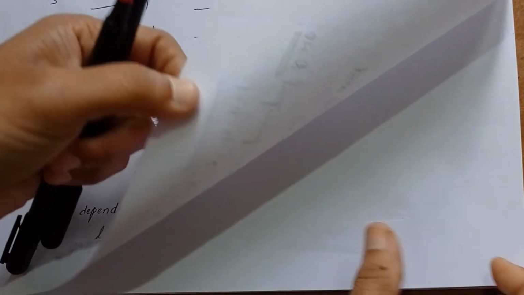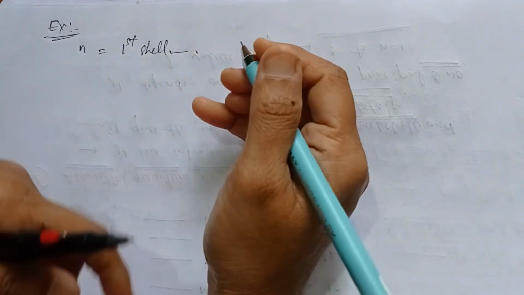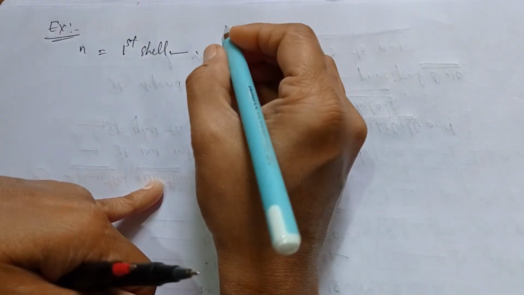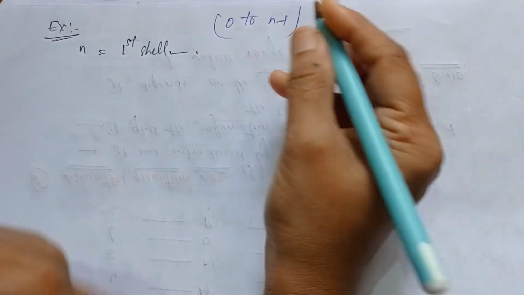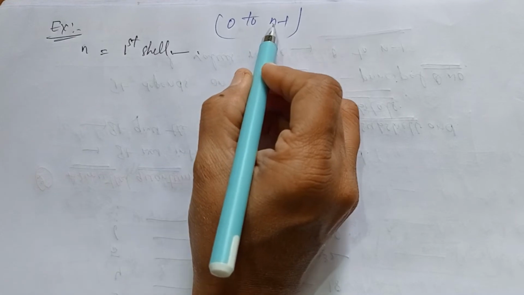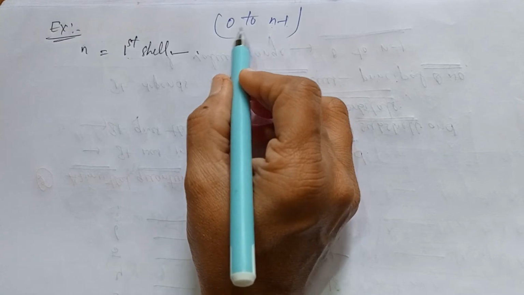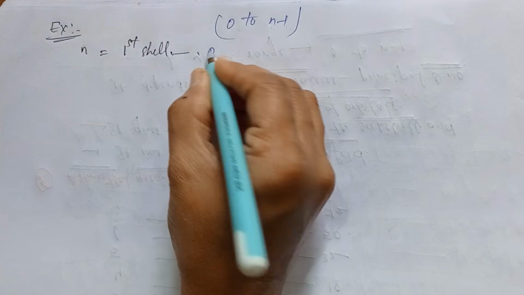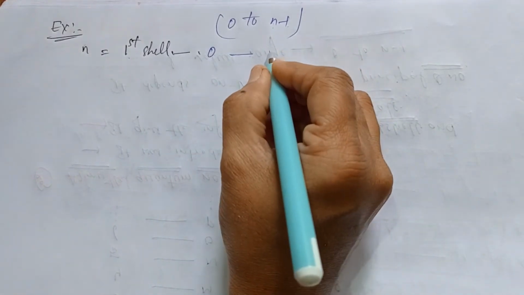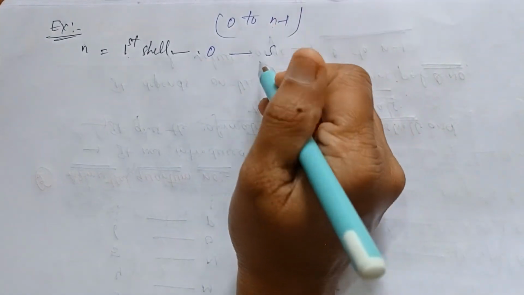The l values range from 0 to n minus 1, so for n equal to the first shell we get only one azimuthal quantum number value, 0. It is equal to which subshell? The s subshell. So 0 means only one subshell.